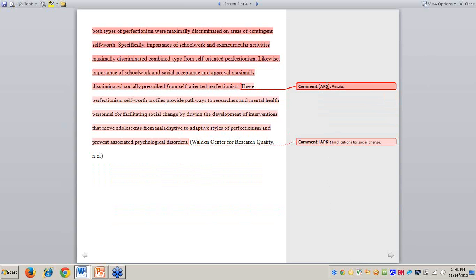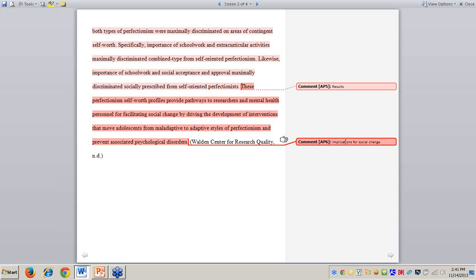And then the results. Learning about exactly what factors were discriminated against and whether those findings were statistically significant. And then this final sentence, these perfectionism self-worth profiles provide pathways to researchers and mental health personnel.